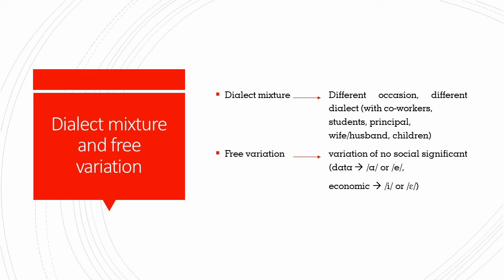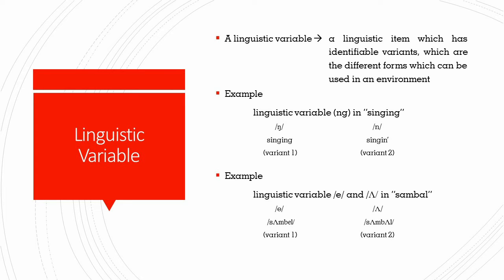After talking about method in dialectology, now we will jump into the next section, which is the linguistic variable. A linguistic variable is a linguistic item which has identifiable variants, which are the different forms which can be used in an environment.